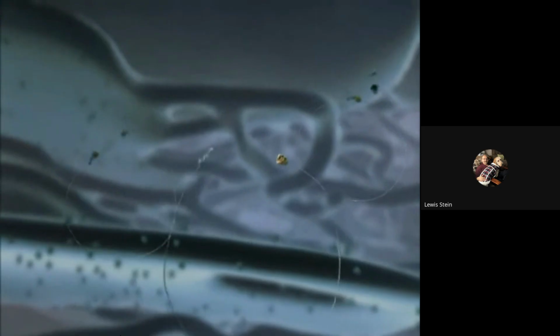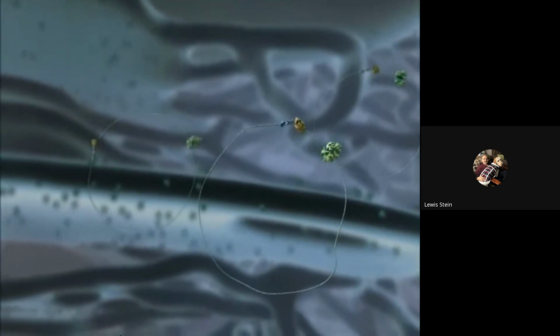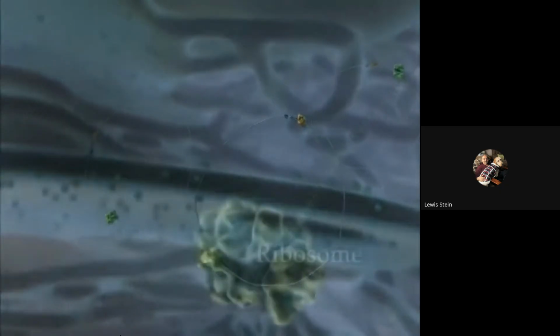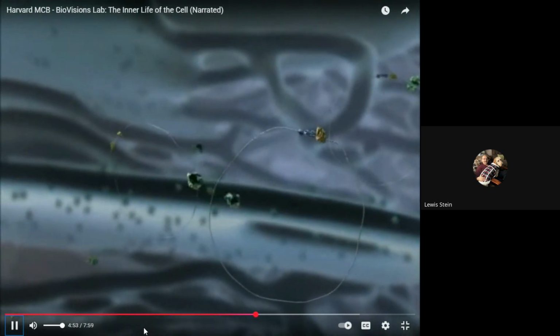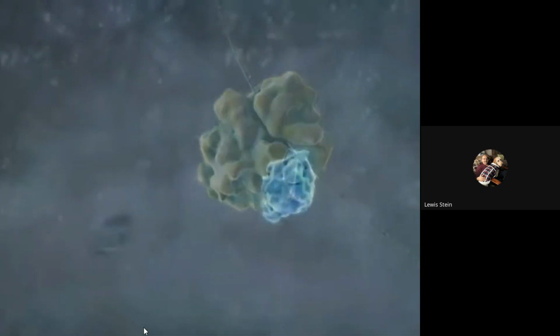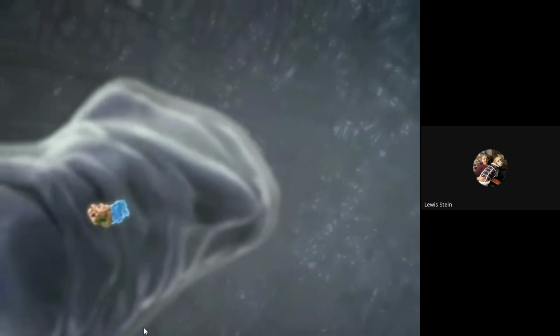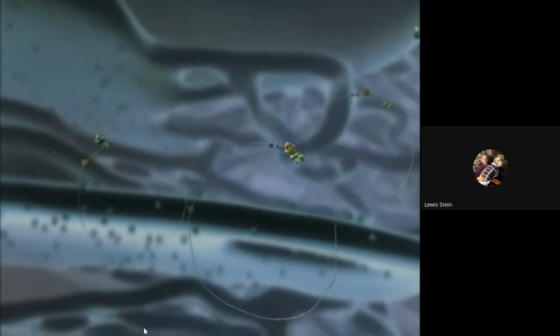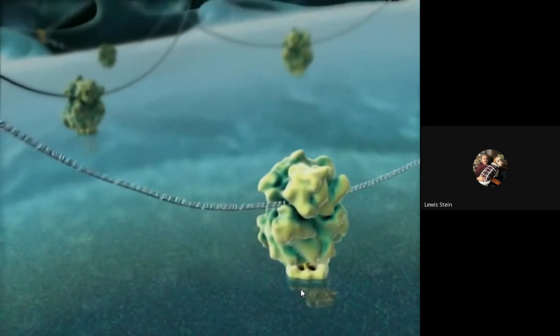We talk about this here. This is your RNA. Make it proteins. See the proteins going on here. Look where the protein goes.